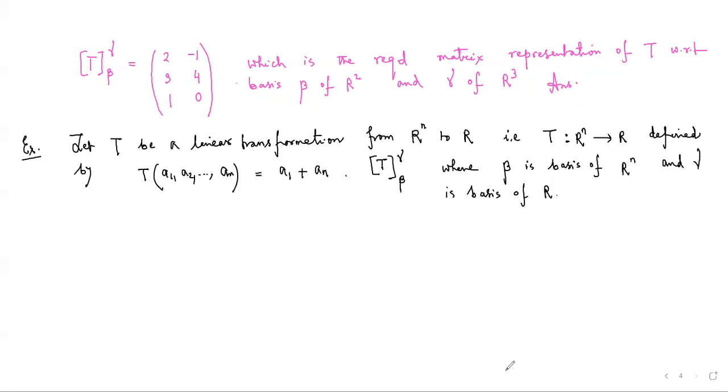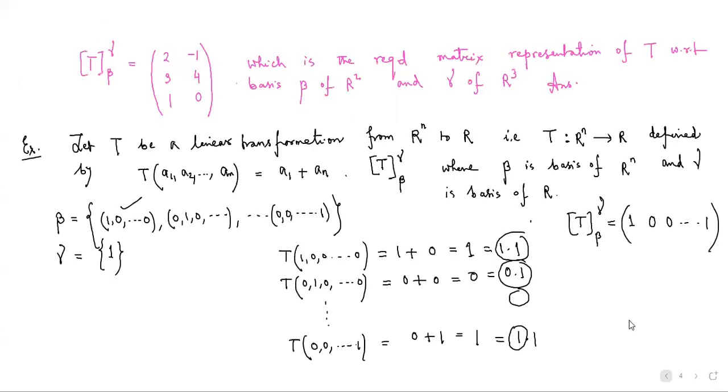Try to do this problem. I'm pausing the recording over here. This is your classwork. Less than 1 minute is remaining, so you join in the next session and tell me what the answer is.